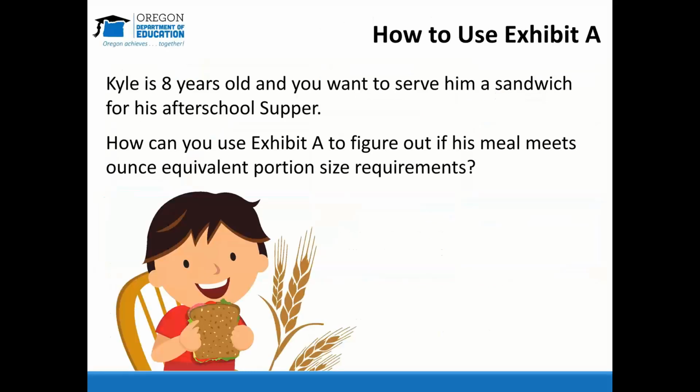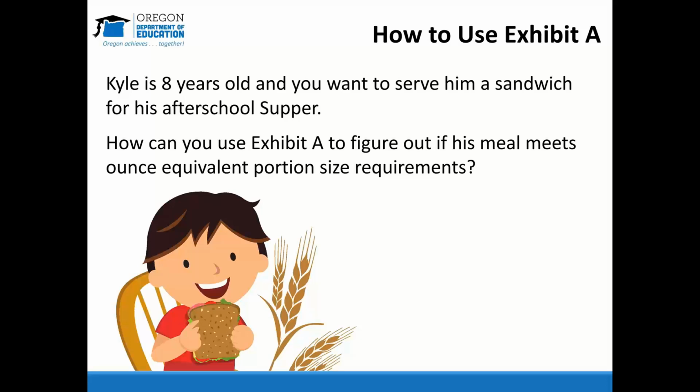So now that you know what type of information is on Exhibit A, how do we use it to figure out if we are meeting our ounce equivalent portion size requirement? We're going to take another example. This time we have Kyle, who is 8 years old, and you would like to serve him a sandwich for his after-school supper. How can you use Exhibit A to figure out if his meal meets ounce equivalent portion size requirements?